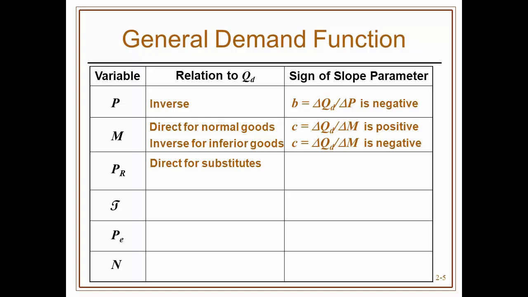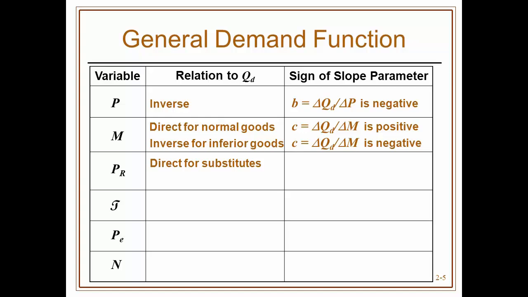So if we go to the Coke and Pepsi example, if the price of Coke goes up and the price of Pepsi stays the same, then what happens to the demand for Pepsi? Even though the price of Pepsi stays the same, since we know that Coke and Pepsi are substitutes, if Coke is more expensive, people are going to stop buying Coke as much because they say, well, Pepsi is a good substitute, I'll just drink that instead.